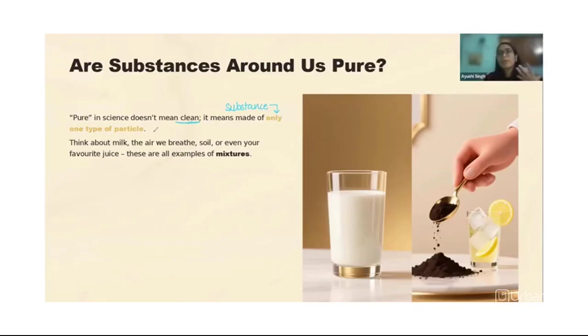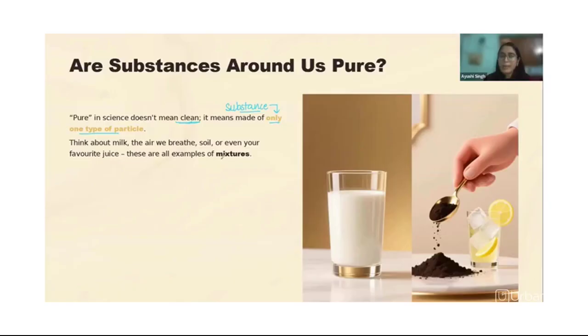Or maybe a biscuit, or vegetables, that is not pure. If you look through the lenses of science, you'll see that that is not a pure substance. Only substances having one type of particle are considered pure substances.